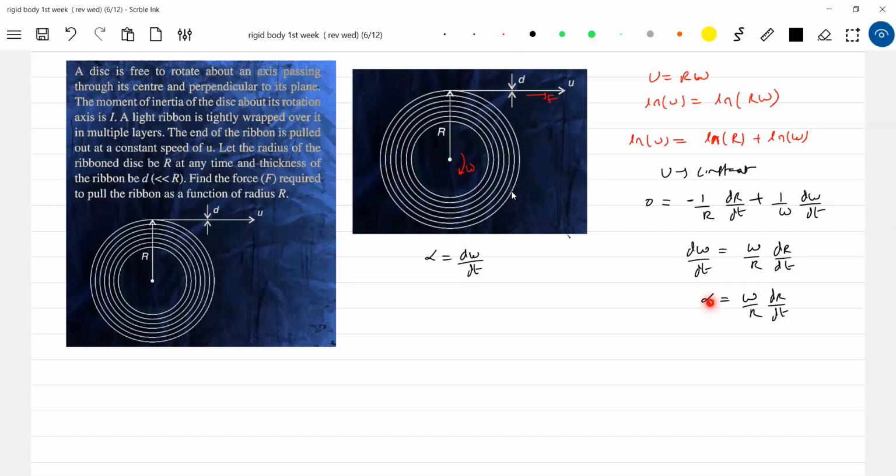I into alpha will become torque. And what is that torque? Torque equals F into R. So when you're pulling this end of the ribbon here with a force F, F into R will be the torque. And due to torque, there will be angular acceleration also.